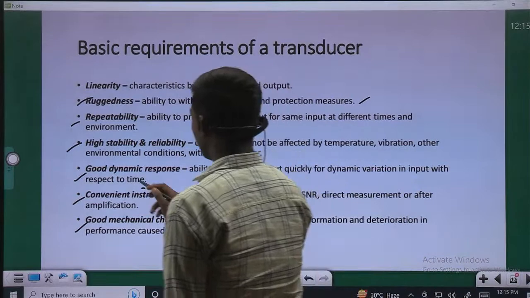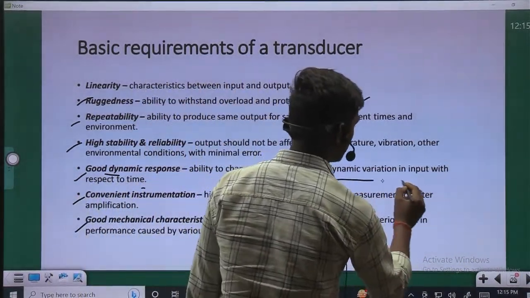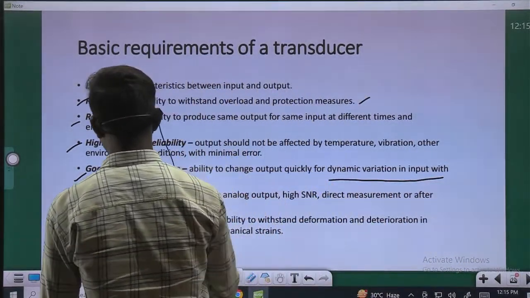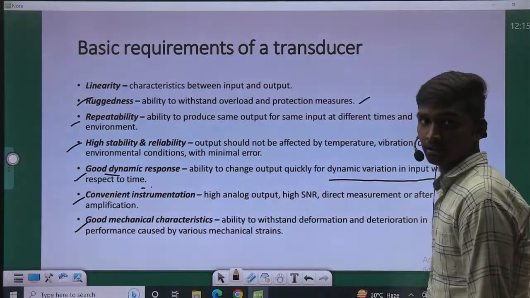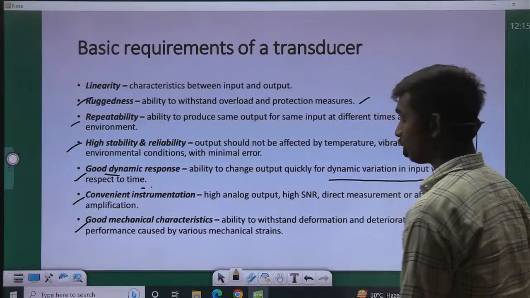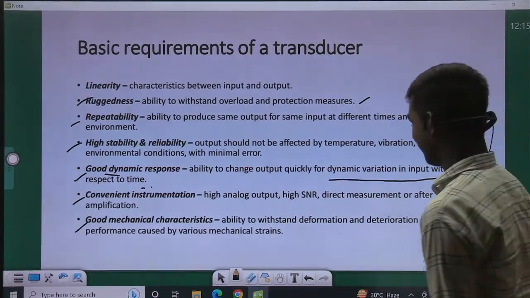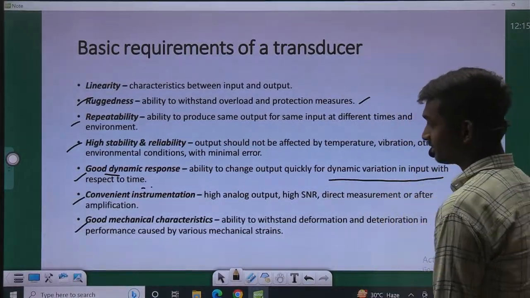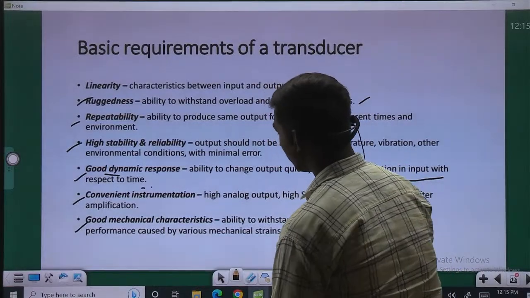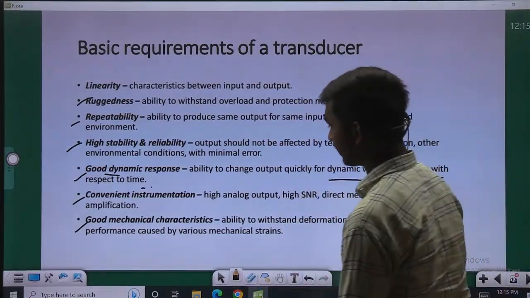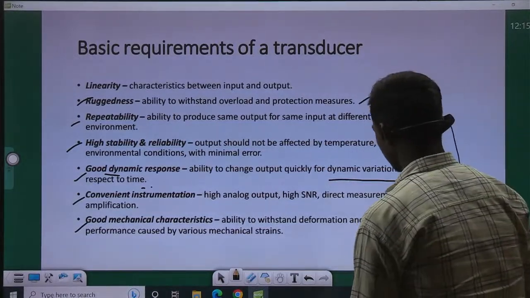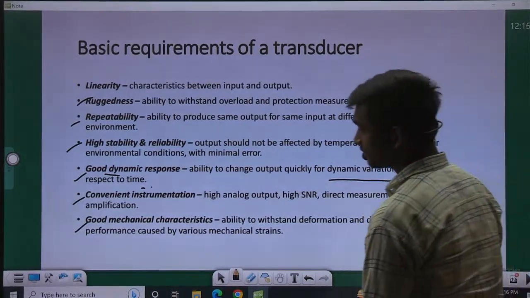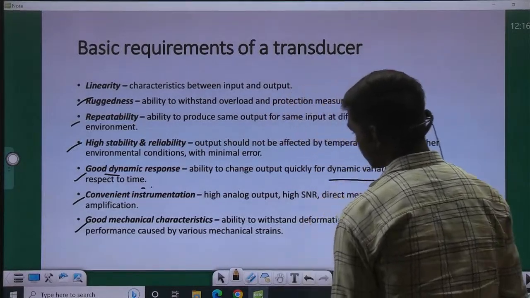Convenient instrumentation means high analog output, high SNR, and direct measurement or after amplification. Last characteristic is good mechanical characteristics, the ability to withstand deformation and deterioration of performance caused by various mechanical strain.